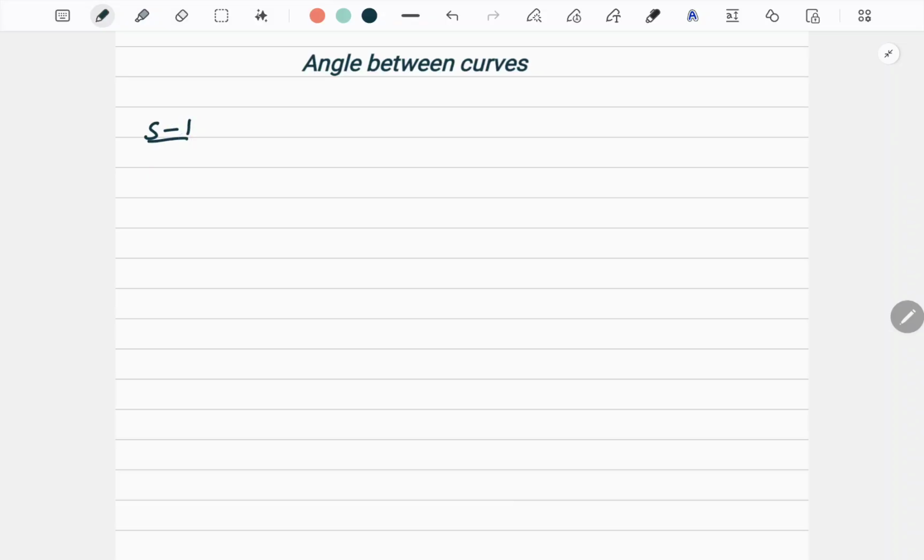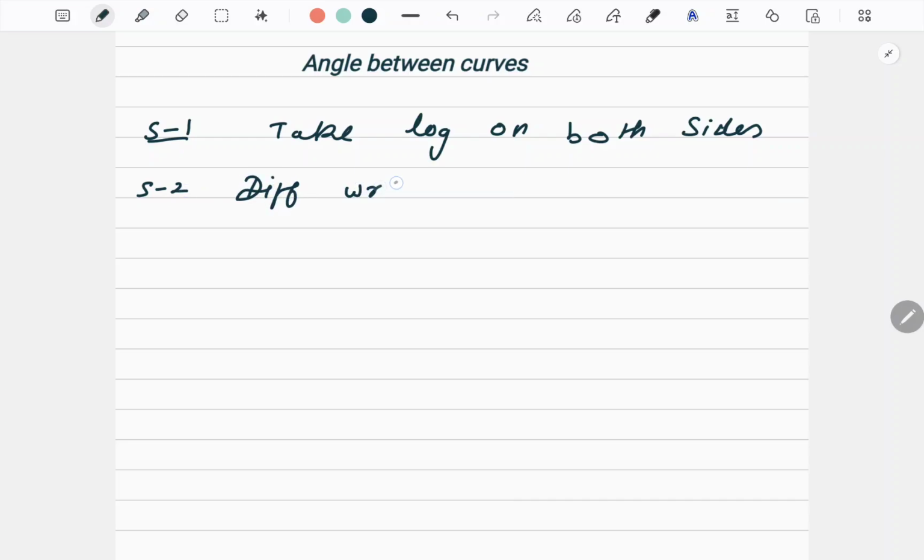First step, take log on both sides. Step 2, differentiate with respect to theta.